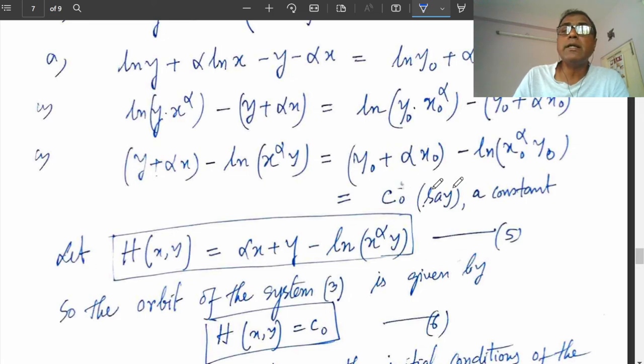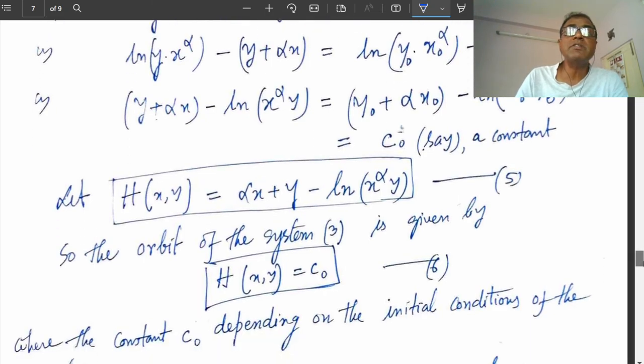This right hand side depends on the initial conditions x0 and y0. So this is called the constant c0, and the left hand side is a function of x and y, called the function capital H of x, y. This is equation 5: H equals α(x minus ln x) plus y minus ln y.